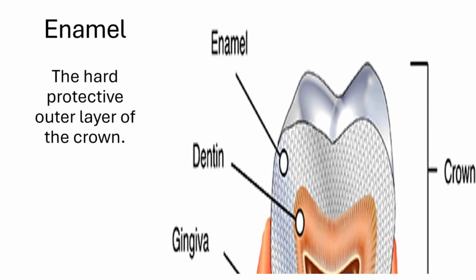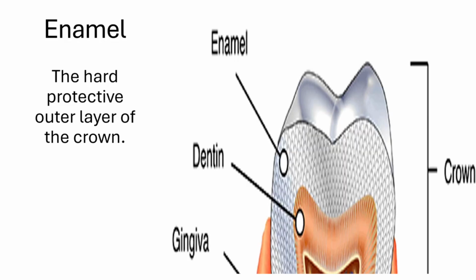The outer covering of the crown is called enamel. Enamel is the hardest substance in the human body. It protects the tooth from chewing forces, temperature changes, acids, and bacteria. But there is one very important point. Enamel is not living tissue.